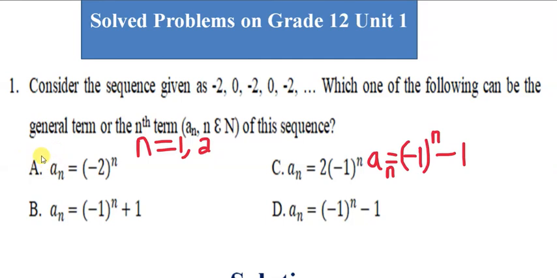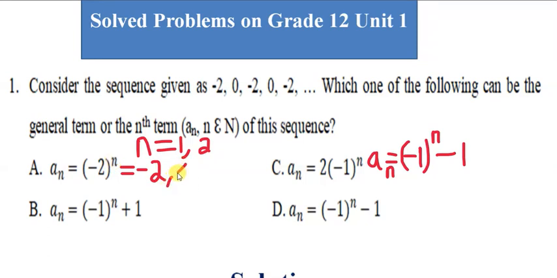The general term in A gives us, if n is equal to 1, (-2) to the power of 1, which is -2 itself. When n is equal to 2, (-2) to the power of 2 gives us positive 4.